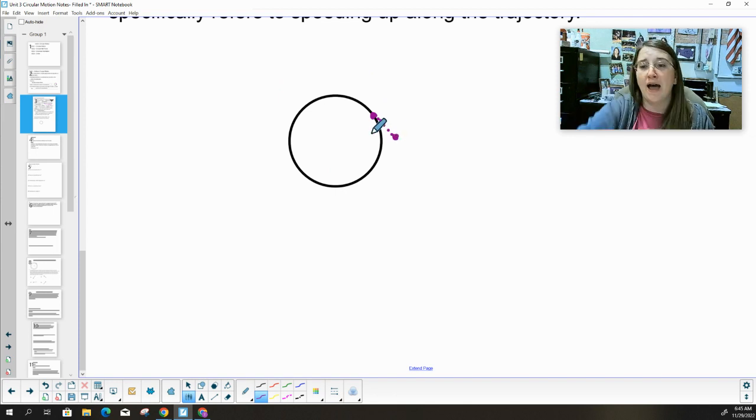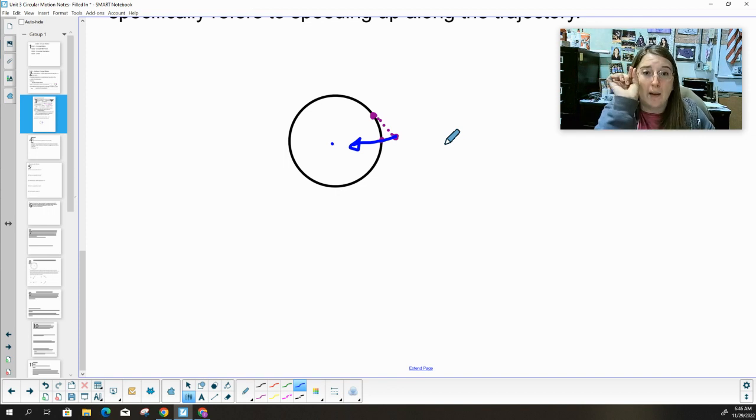We talked about how in order to get back into the circle, there's me getting back directly into the circle. I wanted to end up here, but instead I ended up here. There needed to be a force that points into the center of the circle.